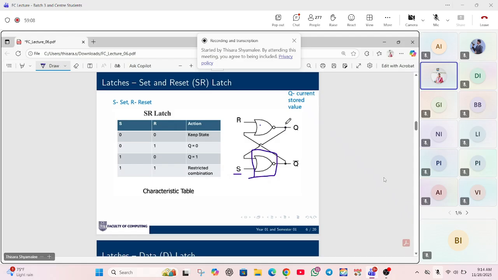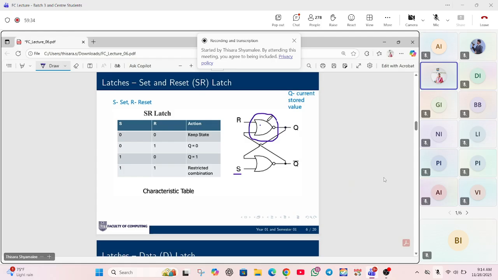Same as with this top NOR gate, one input is the R, and the next input is the output of the bottom NOR gate.